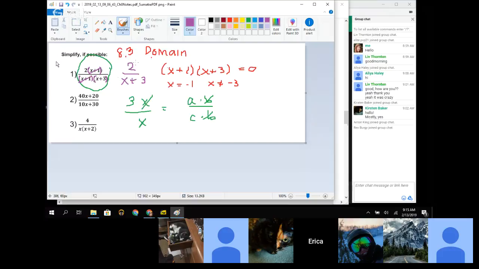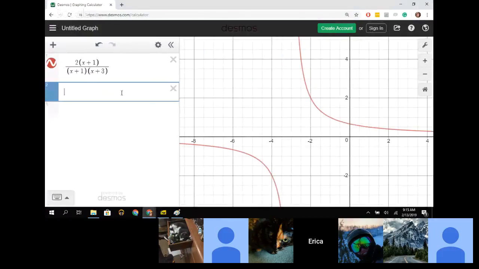Okay, so this is my simplified rational function. And watch this. When I graph 2 divided by x plus 3, I get the same exact function that I had before. This red one, the blue one goes right on top of it.